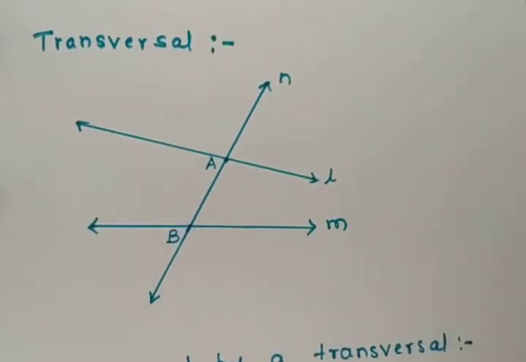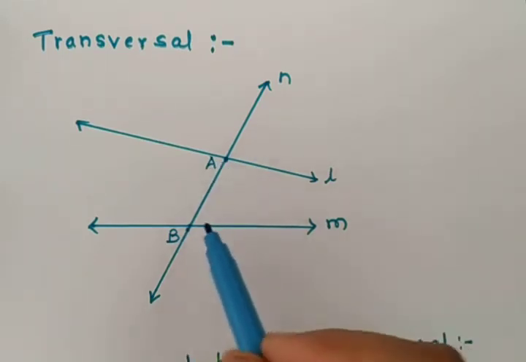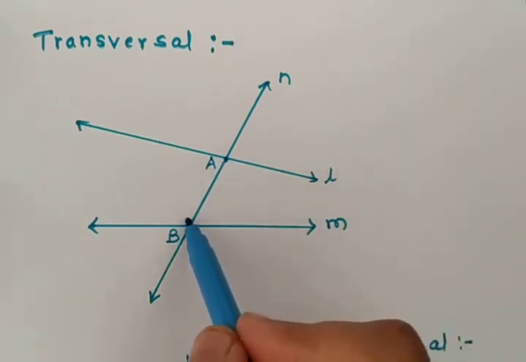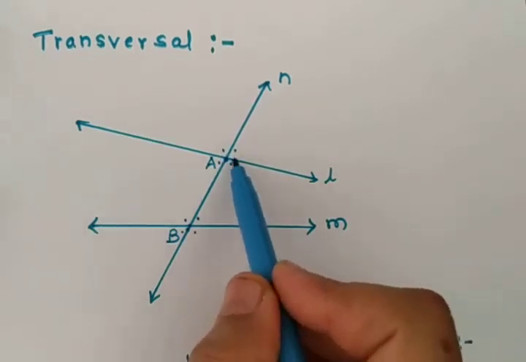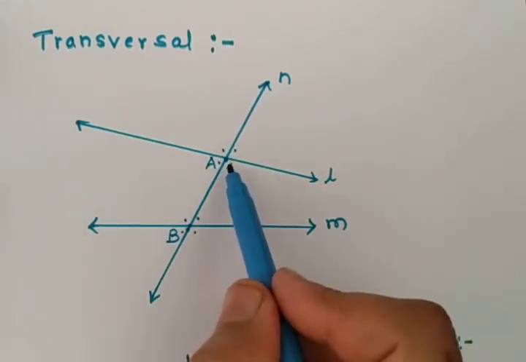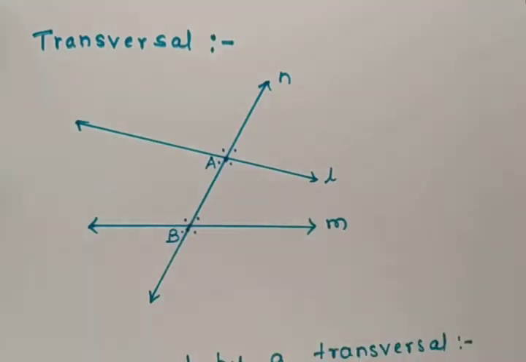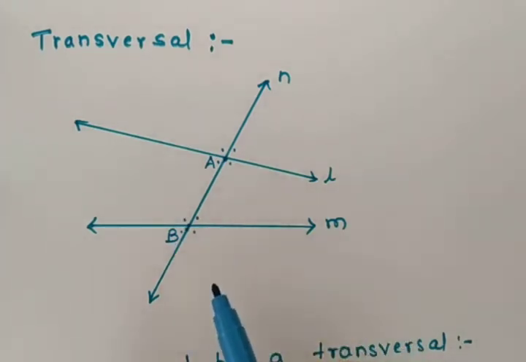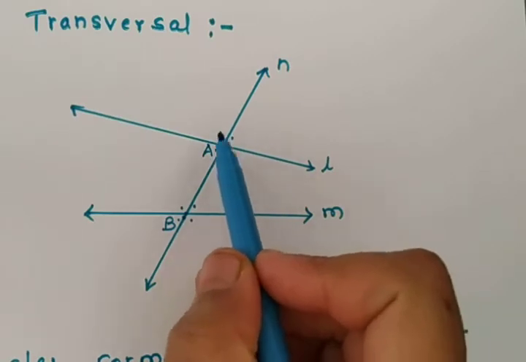See here in this figure, because of this transversal, four angles are formed at point A, and similarly at point B also four angles are formed. These are the four angles formed around point A, and at point B also four angles are formed. So we are going to see what the names of these angles are, what these angles are called.